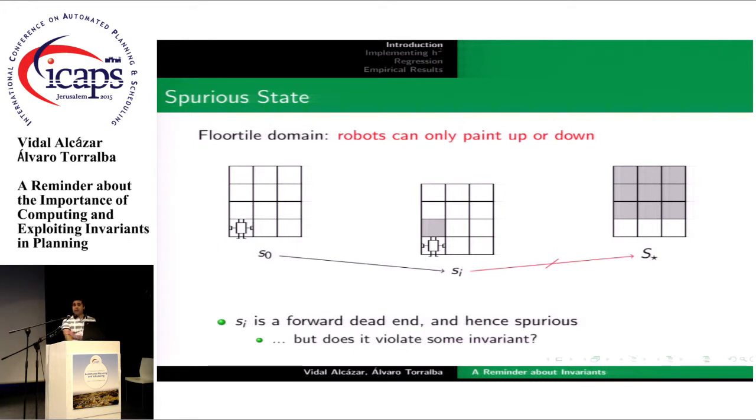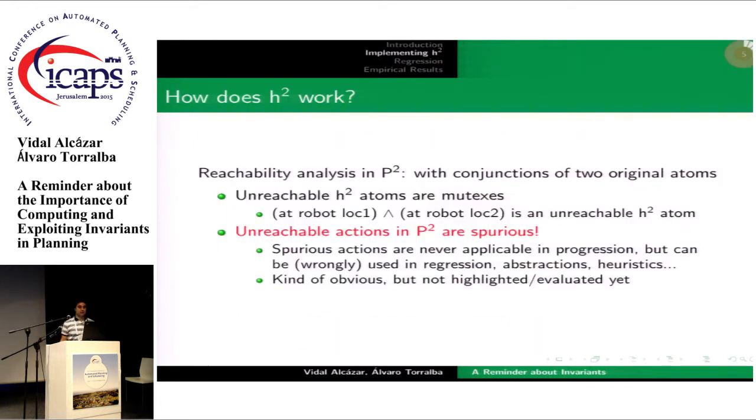Okay, the question is whether state invariants can help us in this case. So, as I said, we are going to use H2. This is a standard reachability analysis, like the H-max heuristic, but considering not only the propositions in our problem, but also conjunctions of propositions. So basically, we consider a problem in which our facts are things of the form, the robot is in location 1 and in location 2 simultaneously, or also other pairs could be the robot is in location 1 and location 4 has already been painted.